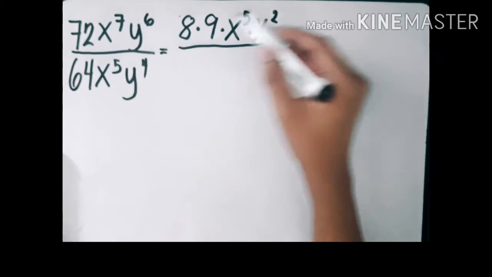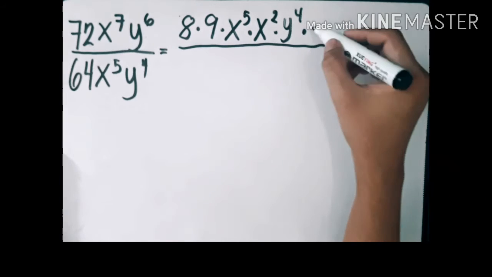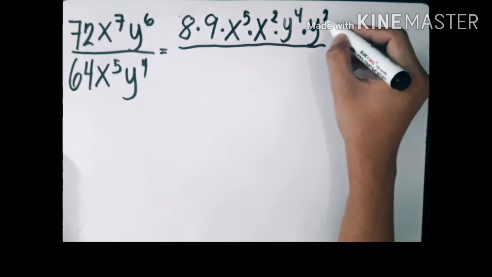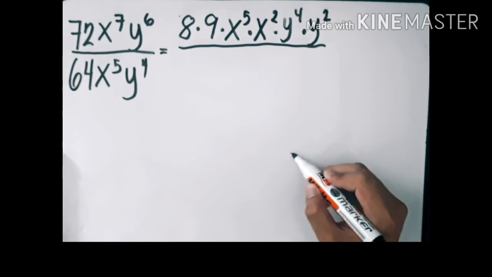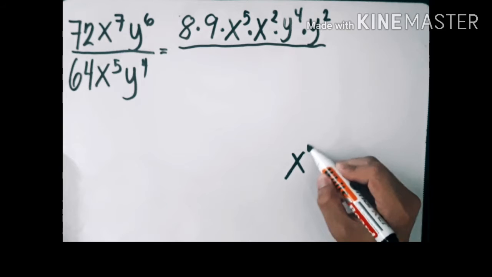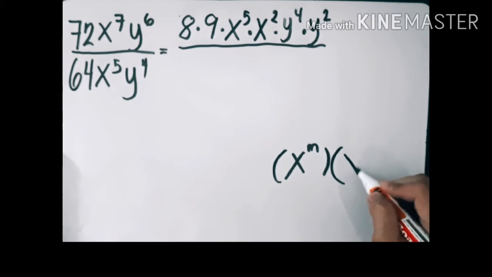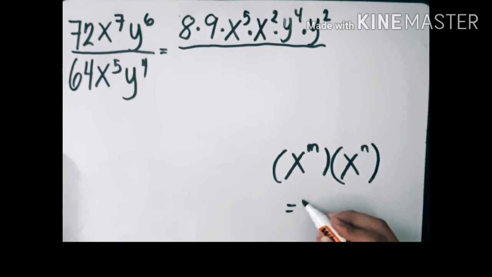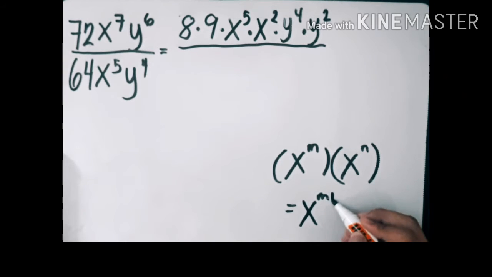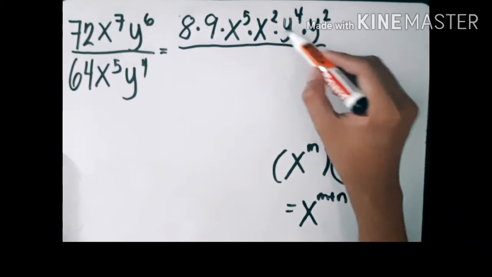And y raised to 6 is y raised to 4 multiplied by y raised to 2. So according to our exponential rule, if x raised to m multiplied by x raised to n is equals to x raised to m plus n. Kaya kapag nagpa-factor out tayo, i-add lang natin yung exponent.